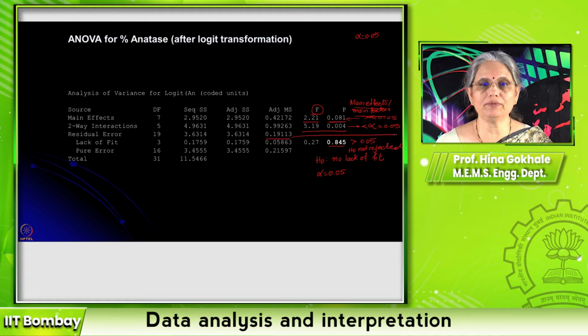These two are two different things, so please remember. Therefore, this says that there is no lack of fit. So, the model that we have chosen completely gives the explanation of Logit transformed percentage anatase.